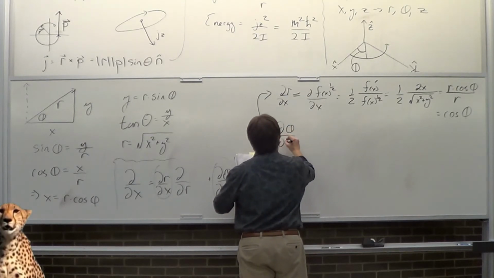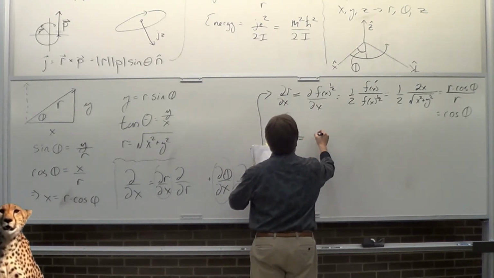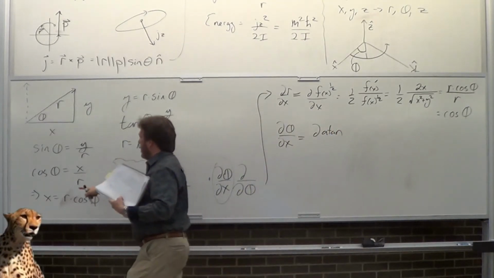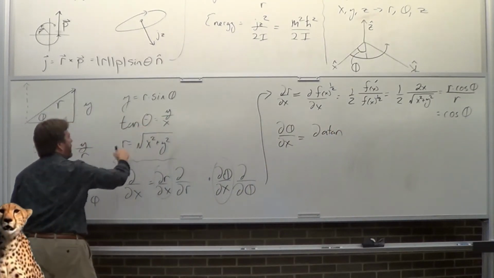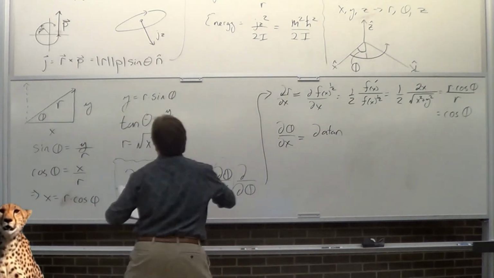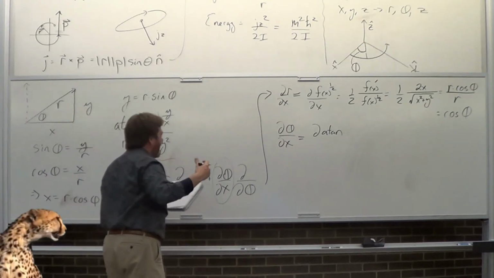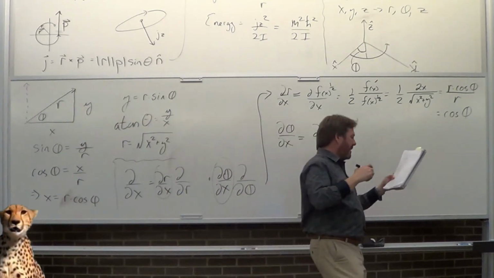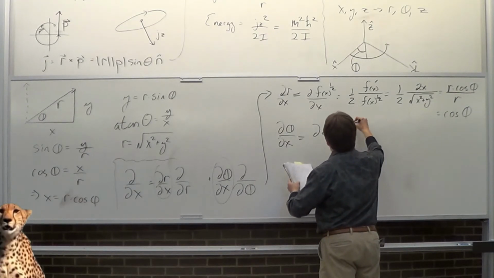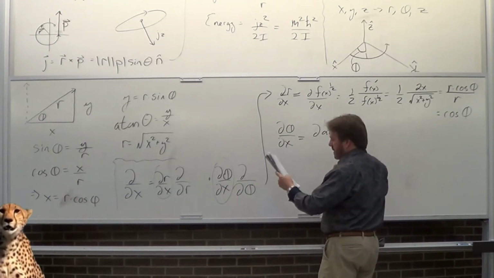Let's do the phi dx. And this ends up being the change in a tan. So we have to look here. You can actually do this a couple of ways, but we got to do a. Wait, did I say tangent? It's arc tangent, right? Arc tangent. Sorry about that. It's the change in a tan y over x. Or wait a minute.